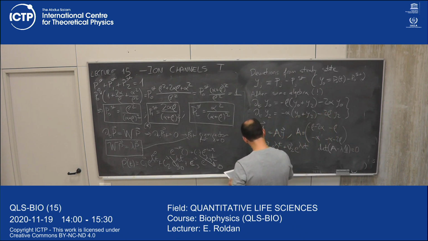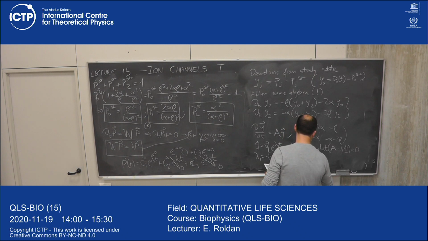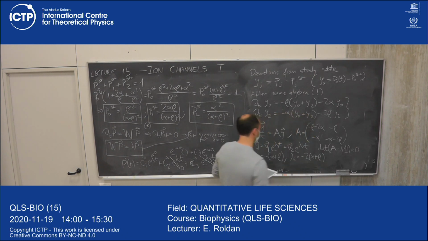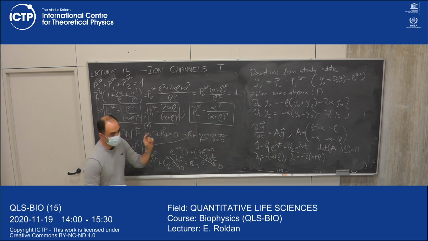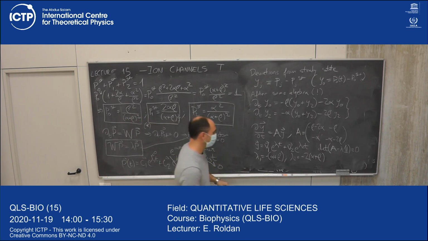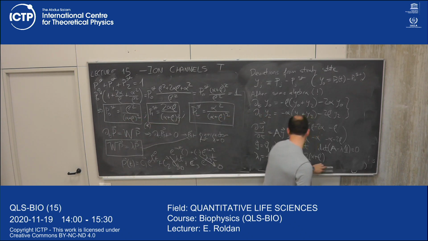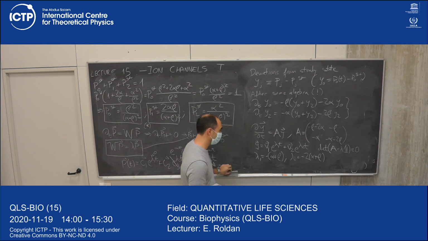You can show this with even more algebra: one eigenvalue is minus alpha plus beta, and the other is minus 2 alpha plus beta. Both are negative. There is no zero eigenvalue. Be careful, this is not the master equation.